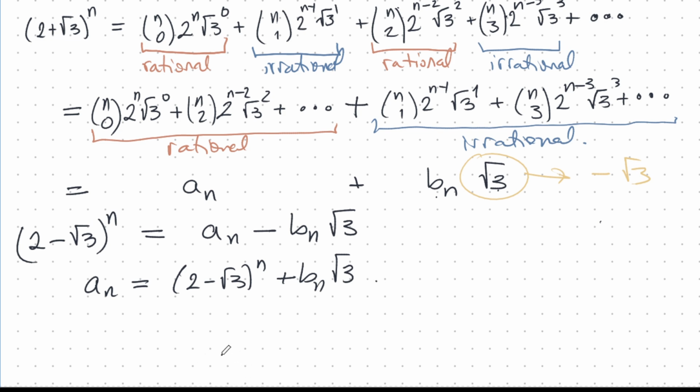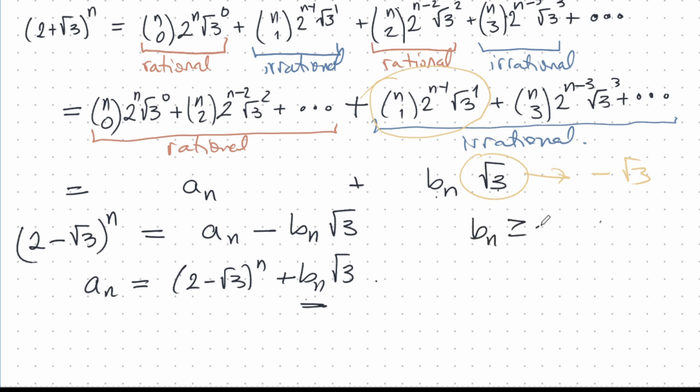Why is this good? Well, first of all, let's examine these things. Bn is always going to be greater than or equal to 1, because this is greater than or equal to 1, and all I'm doing here is adding more positive terms, so the result for bn has to be greater than or equal to 1.